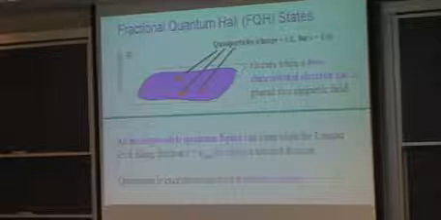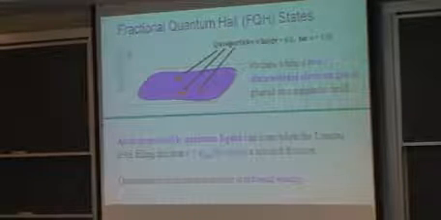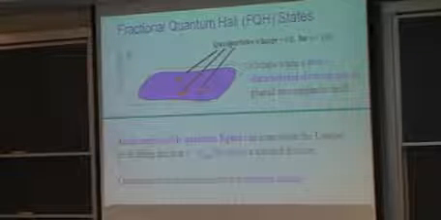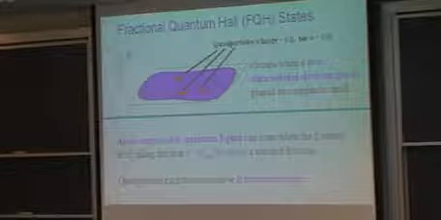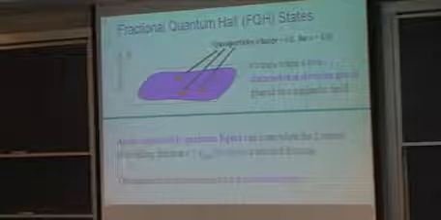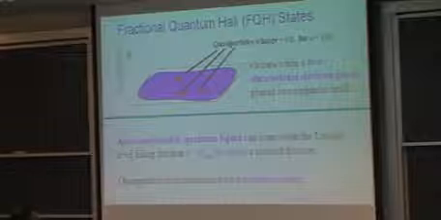What they found was a new phenomenon, in the sense that instead of the integral quantum Hall effect, they found fractional quantum Hall effect, where the conductivity or the resistivity was a fractional multiple of the quantum.